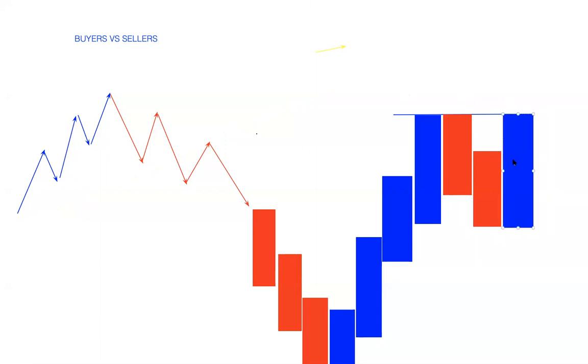It might do some stuff like this, but this area is that resistance. And then from there, it might come down and go into our downtrend, what we were expecting from this resistance.